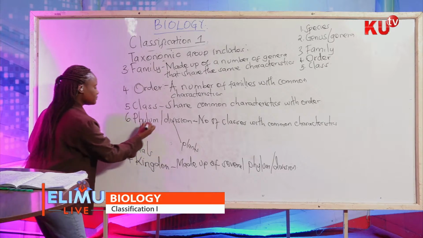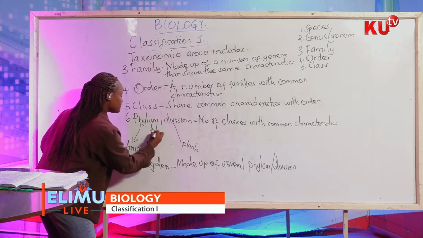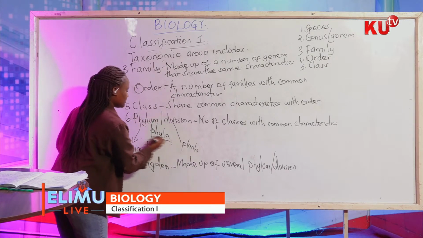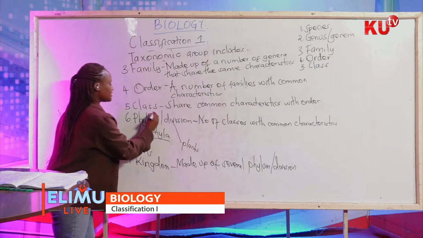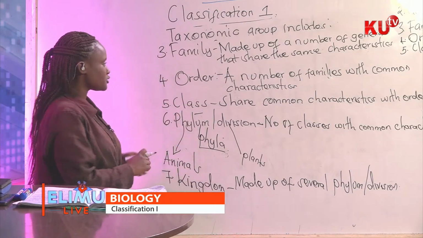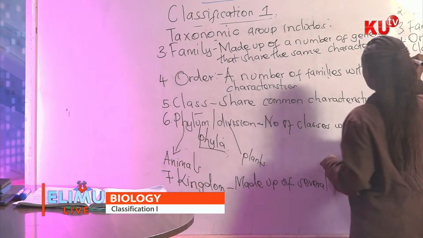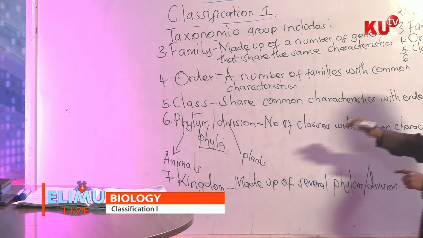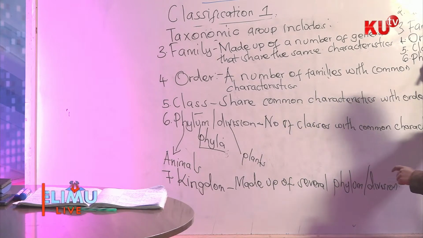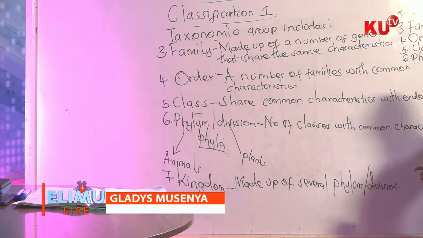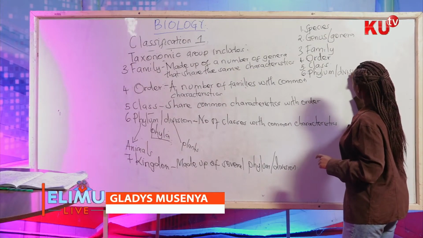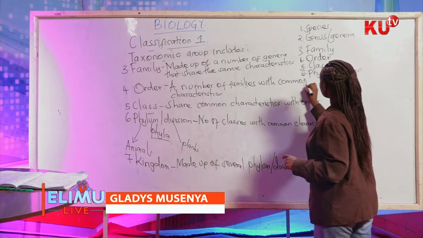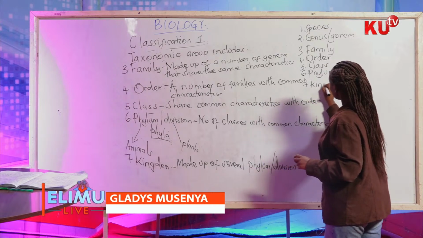In plural, we have phyla. So this is singular, this is plural. So we update here. The sixth one we had phylum or division for plants. And then the seventh one we have kingdom.